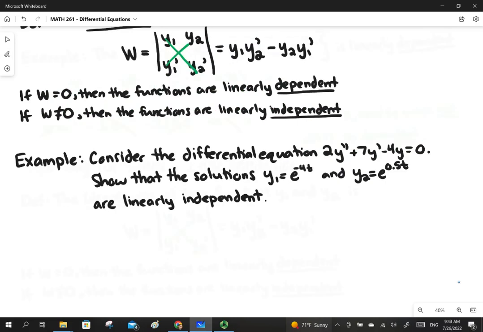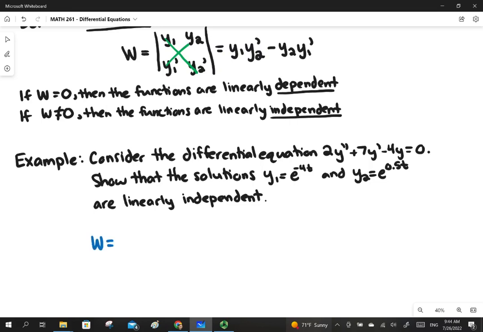Let's try it. Consider the differential equation 2y double prime plus 7y prime minus 4y equals 0, and show that the solutions y1 equals e to the negative 4t and y2 equals e to the 0.5t are linearly independent. We can show that they are linearly independent by calculating their Wronskian.